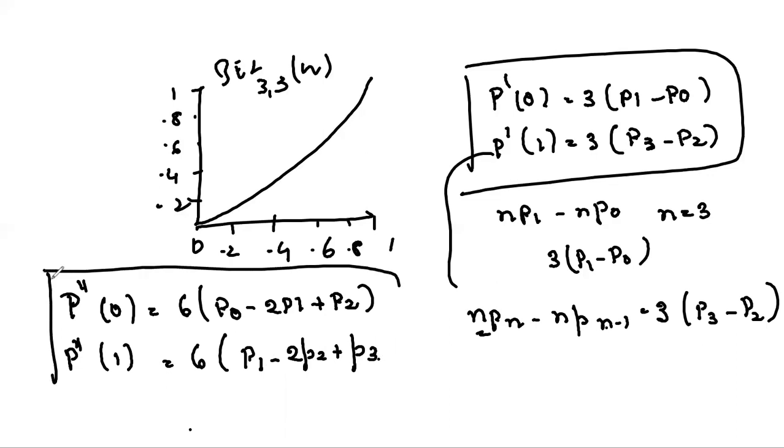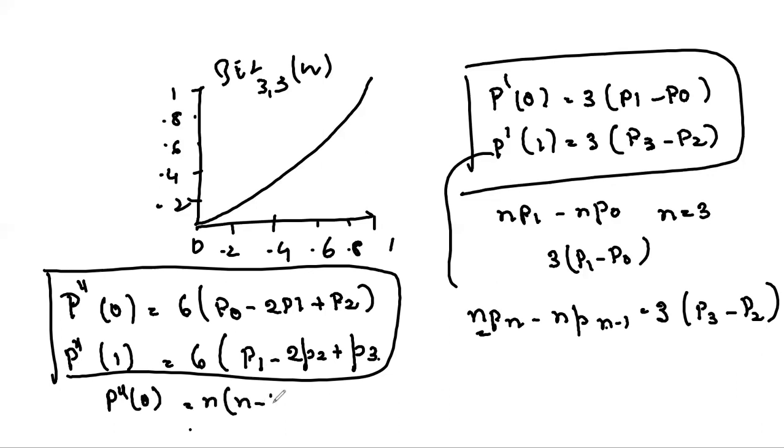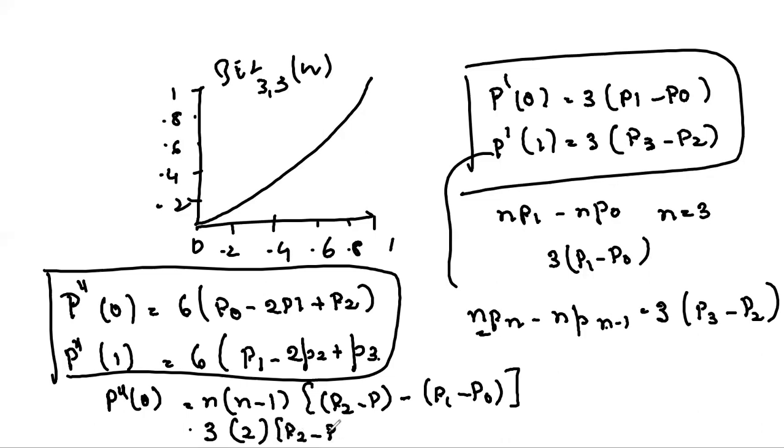If I go back and look at the values, we had written p double dash of 0 is equal to n into n minus 1 of p2 minus p1 minus p1 minus p naught. So in our case it is 3 into 2, so it is p2 minus p1 minus p1 if I remove the bracket plus p naught. So it becomes 6 into p naught minus 2p1 plus p2.